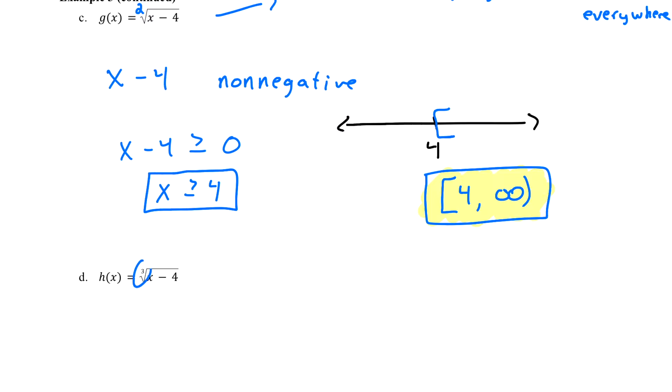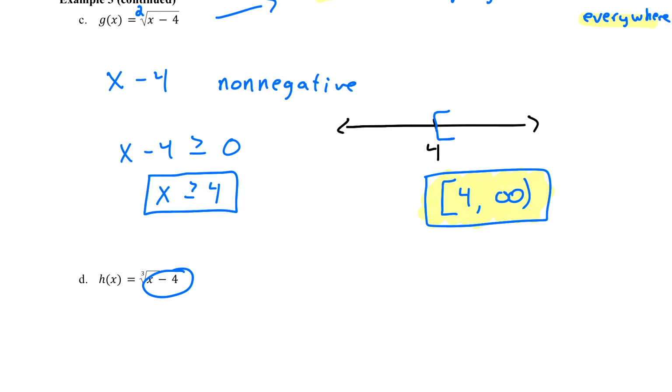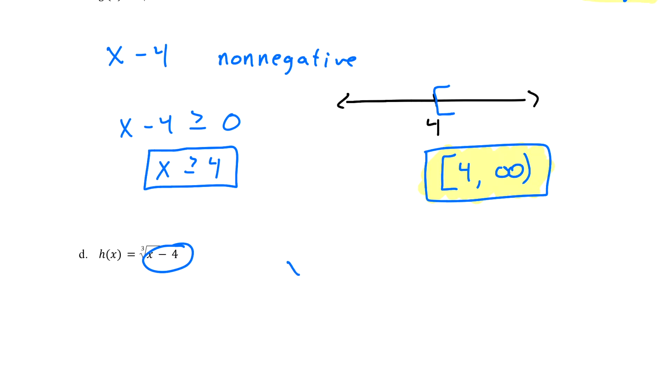So now, in this case, the index is odd. So all I need to worry about is this inside part. Where is this continuous? Well, we set up above that x minus 4 was a polynomial, and it was continuous everywhere. That part is still true, and you can write that down if you want to. X minus 4, that's still a polynomial, which means it's still continuous everywhere.